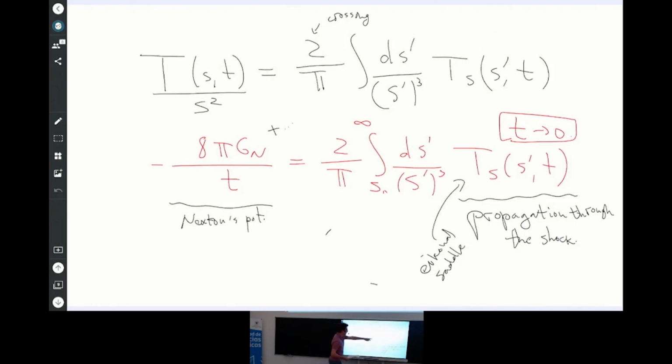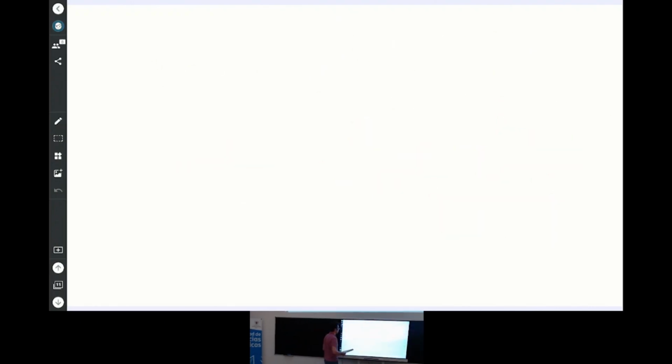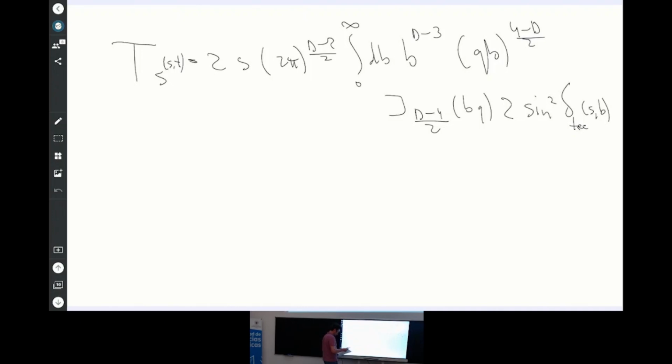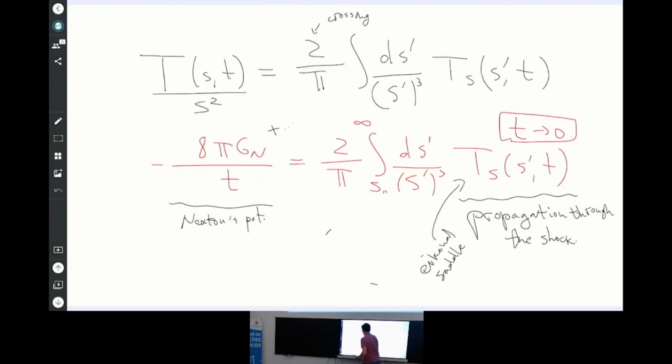You plug this formula here, you do the integral over s prime, and you get a neat integral of this type, dx over x squared sine square x, from 0 to infinity, which evaluates, if I'm not mistaken, to pi over 2. And you plug it into the dispersion relation, and the basic result is that it checks.